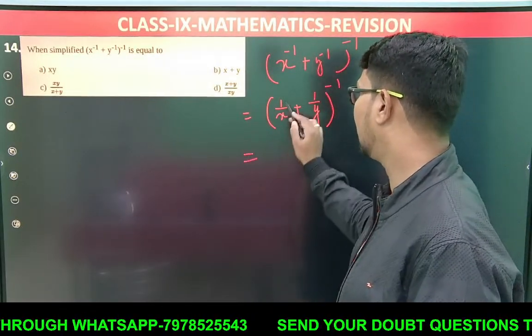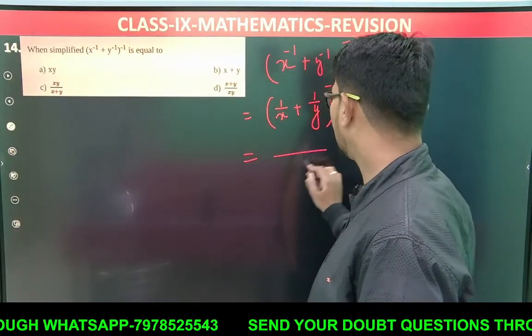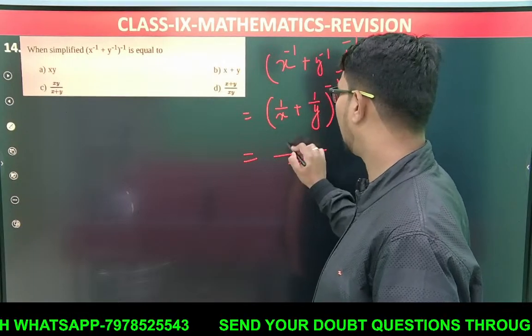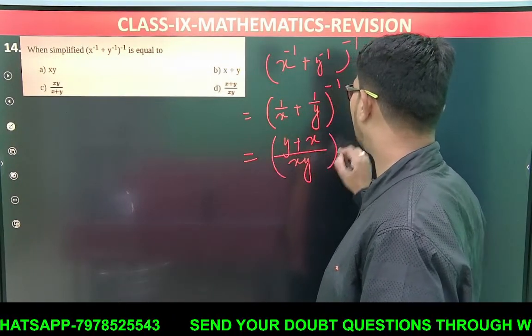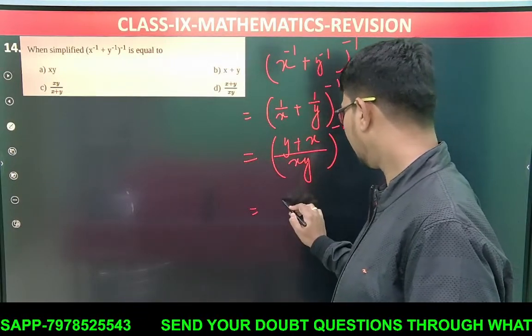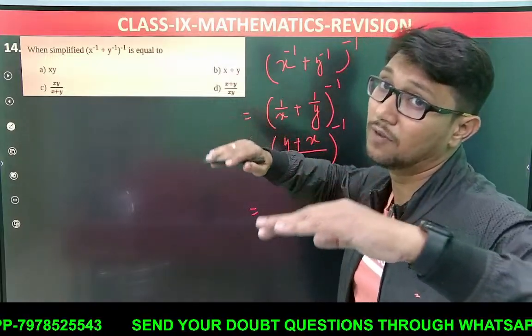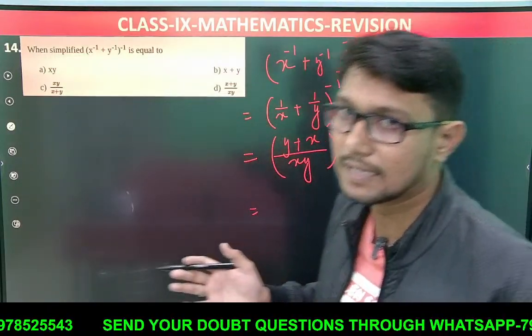Let us first solve 1 by x plus 1 by y. You know, LCM is xy, and hence it will become (y plus x) by xy, whole to the power minus 1. Whenever the power is negative, we have to reciprocate to make the power positive.